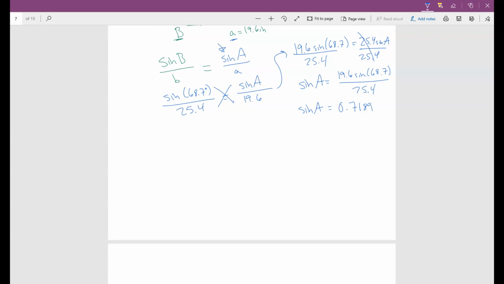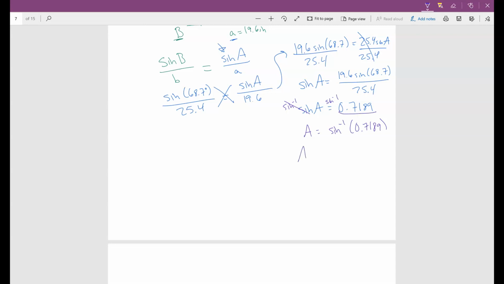0.7189. Now I'm going to take sine inverse of both sides, so A is equal to sine inverse of 0.7189. Notice that clearly I'm not going to have the first case, because this number is less than 1, so we might have the second case.